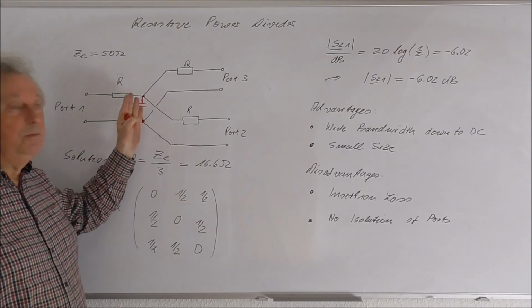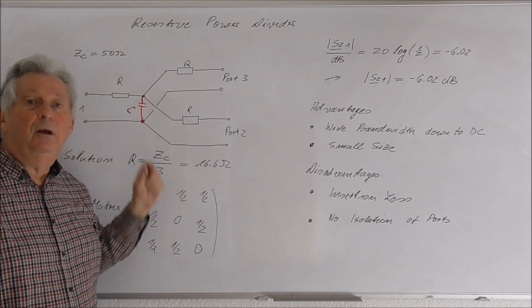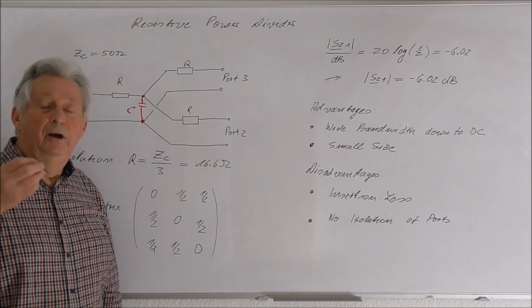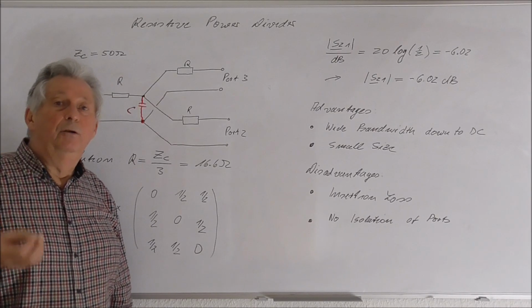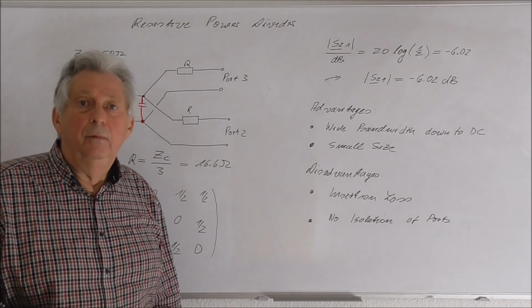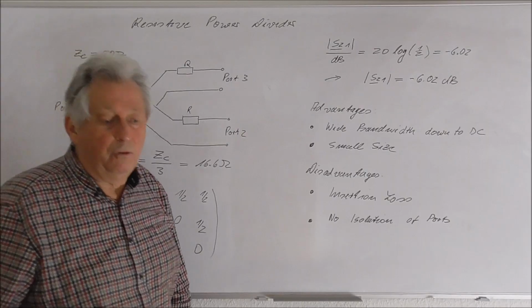Of course this will be a parasitic element, and it will have an influence on the frequency response of our power divider. So now we go to the simulation program.